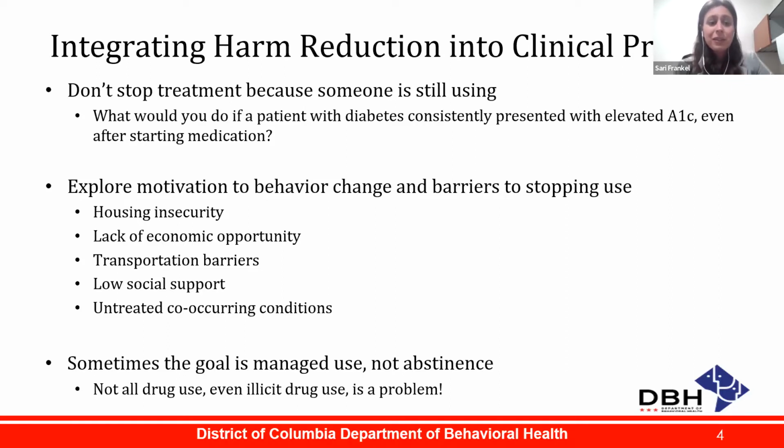If someone presented to your clinic, newly diagnosed with type 2 diabetes, and at their follow-up visit a few months later, after starting medication and counseling them on healthy eating, their A1Cs were still elevated, you wouldn't stop treatment for them, right? You would adjust medication, make sure they knew how to use it, hopefully dig deeper into the diet piece. Does this person have access to healthy foods? Do they have good nutrition literacy? And so, we need to really bring that same approach to substance use when we are working with patients.